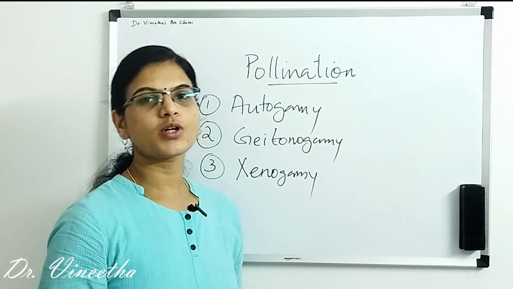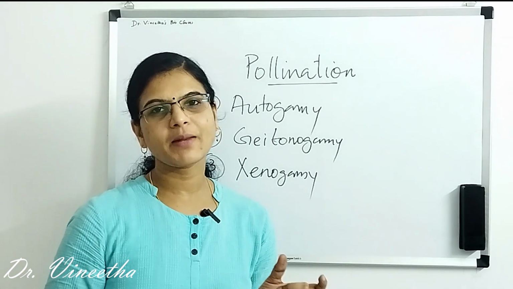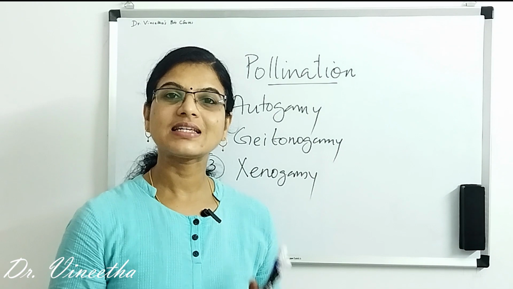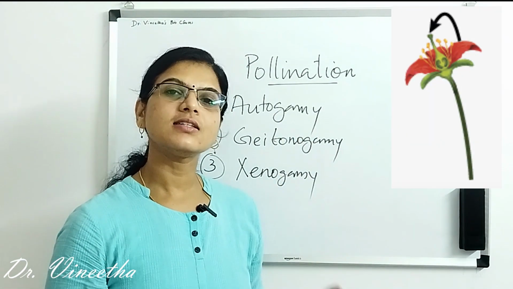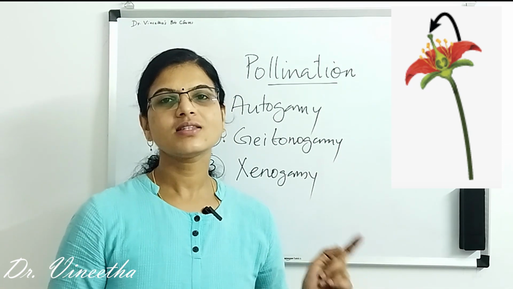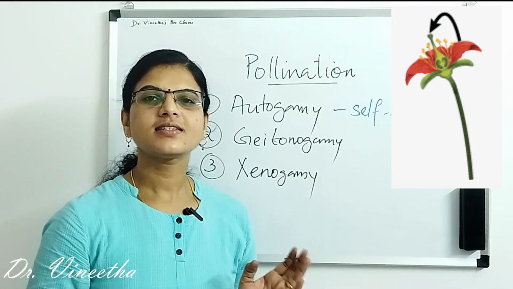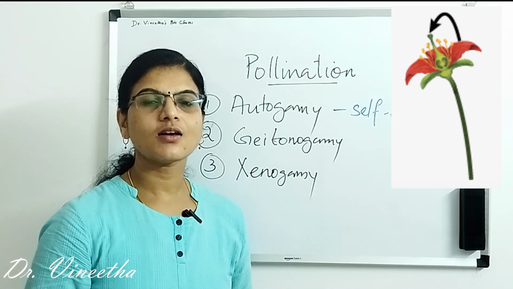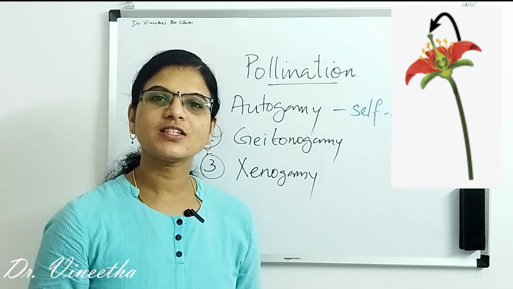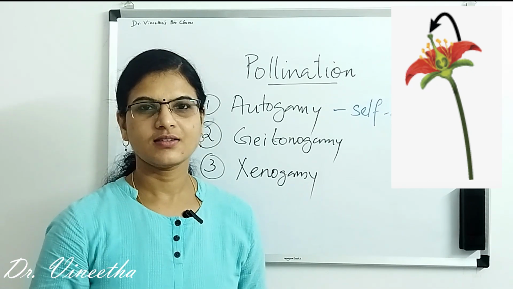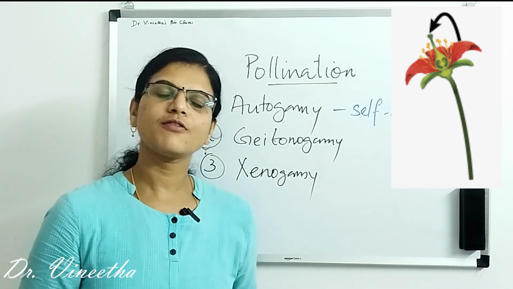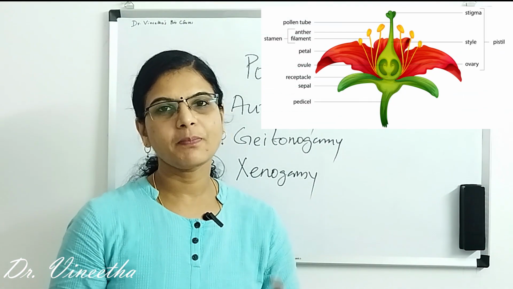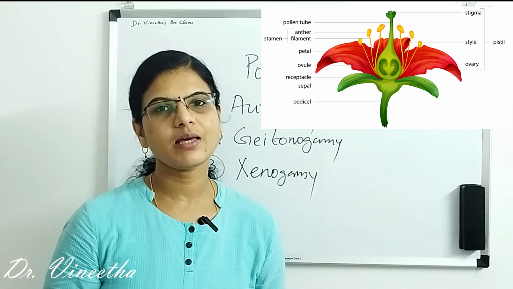So what is autogamy? What is meant by auto? Auto means self. So the term autogamy is self-pollination or self-fertilization. This type of fertilization is achieved within the same plant. How does this happen? We all know that many of the plants have both the male and the female gametes in the same flower.